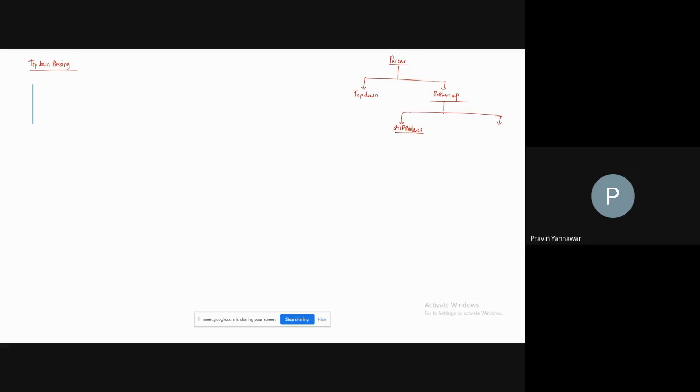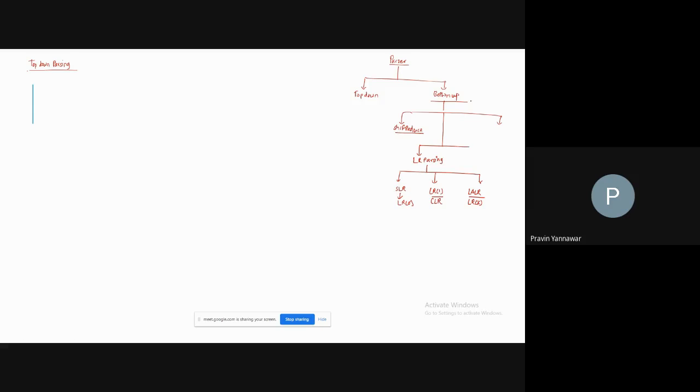Then the second class we have seen is LR parsing. This LR parsing is broadly divided into SLR, that is LR0, then LR1, which is called CLR, and the next is LALR, which is called LRK.